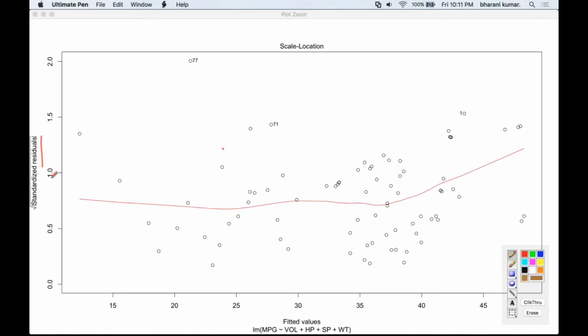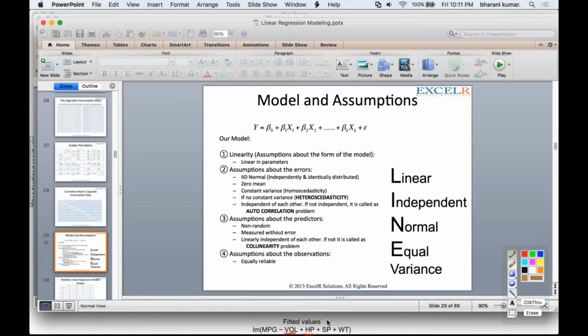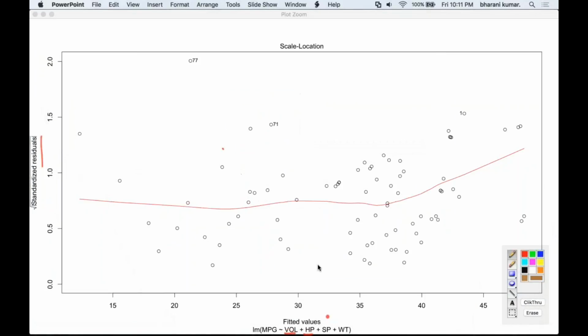Standardizing means making values unitless because volume has one unit, horsepower has a different unit, top speed of the car has a different unit, and weight has a different unit. Hence, I'm standardizing and then checking. Here also you have a straight line. That means there is no trend as such in the data, there is no trend in the errors basically.